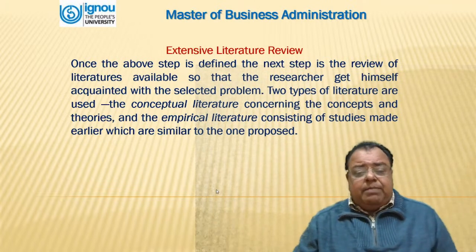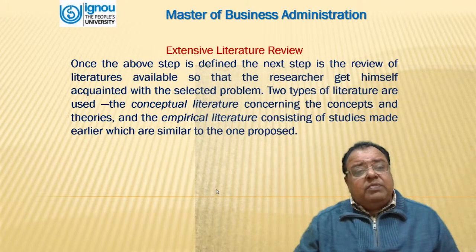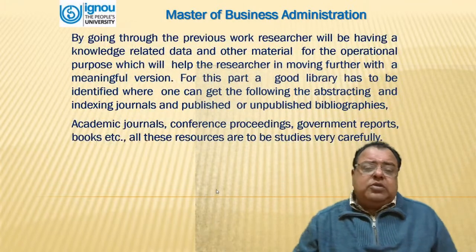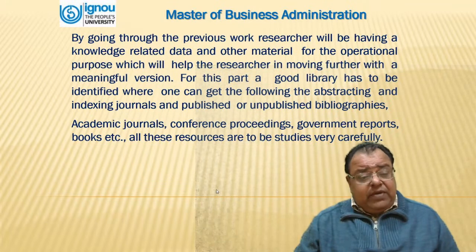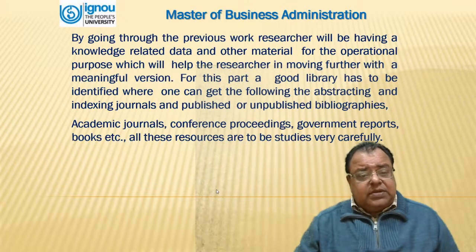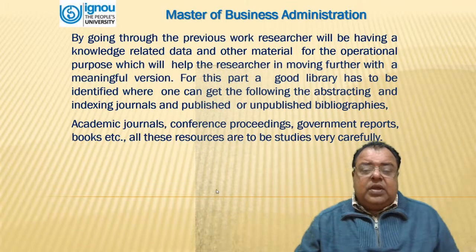And the other one is the empirical literature consisting of studies made earlier which are similar to the one proposed. By going through the previous work, researchers will have knowledge of related data and other material for operational purposes, which will help the researcher in moving further with a meaningful version.